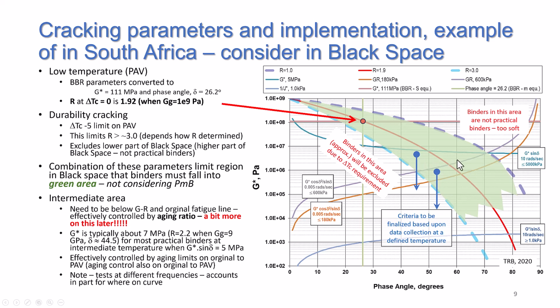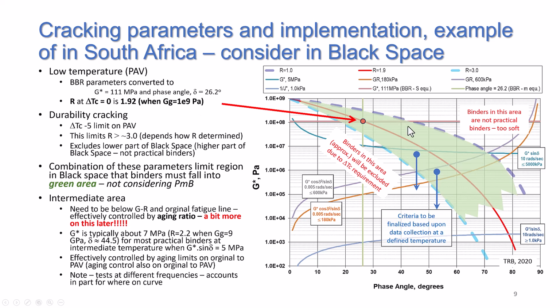And then this line here is the fatigue line based on G star multiplied by sine delta being less than or equal to 5,000 kilopascals. So this is what we have here. This point here, where phase angle is 26.2, G star is 111 megapascals, that's where we have delta TC equals 0, where the glassy modulus is 1e to the 9.